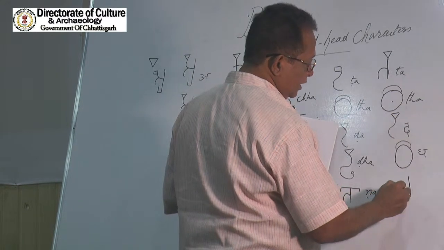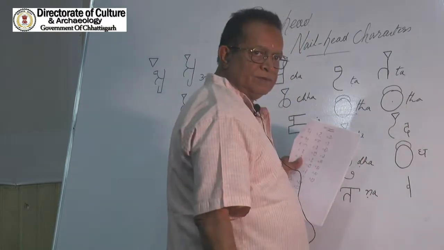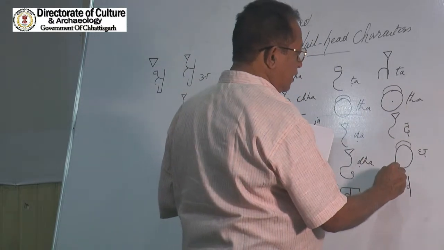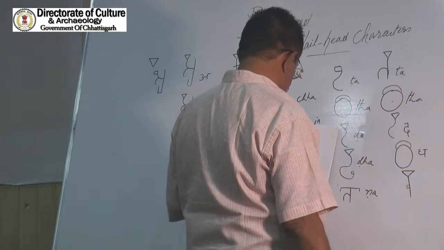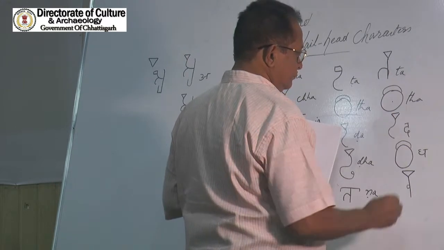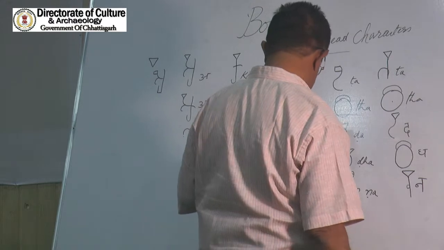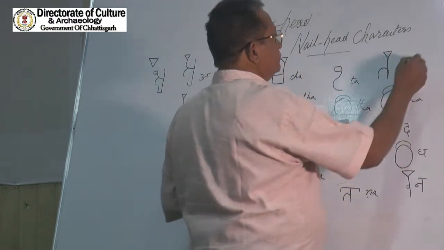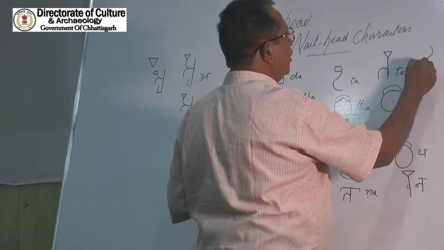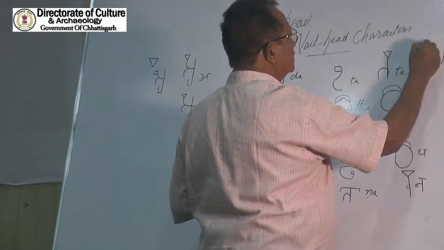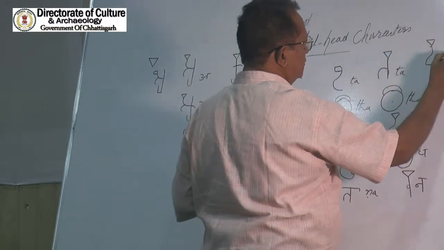One stroke in the center, you attach a small circle like this, and append a nail head. Pa again has a little dent on the left side arm. You are going to take it like this, and on the top you are going to add a nail head.